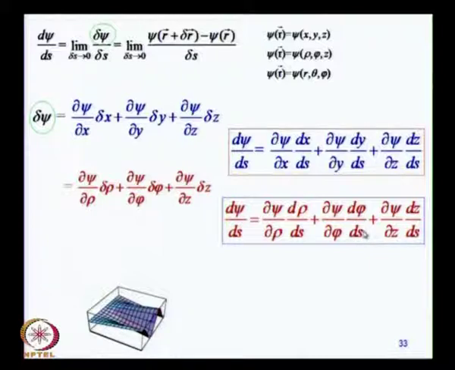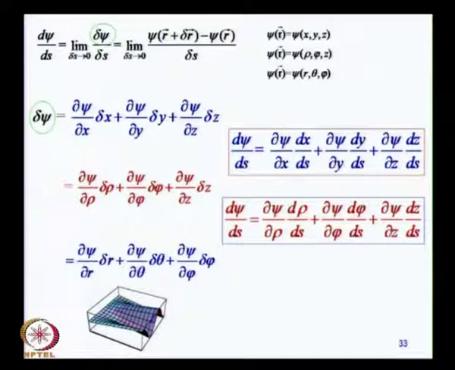So, you really do not have to look at this as just a problem in calculus, it is a problem in physics, and mathematics provides a rigorous expression, a quantitative expression which comes naturally, and it comes naturally from our understanding of the physical reality, that here you are talking about a physical property, namely the function psi, which could be temperature or anything, and how it depends on various points.